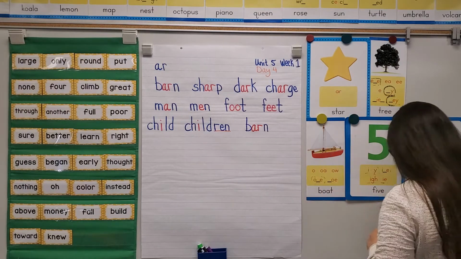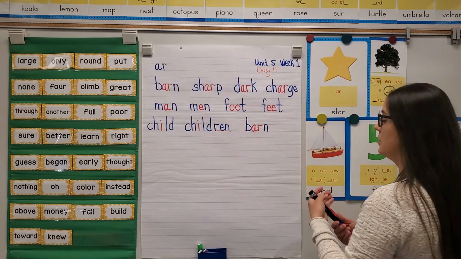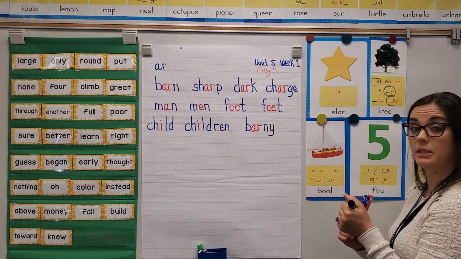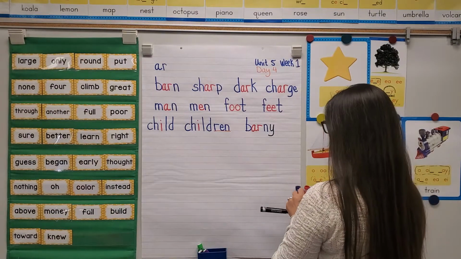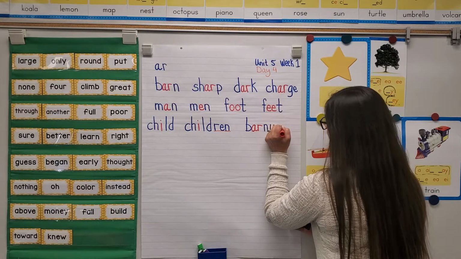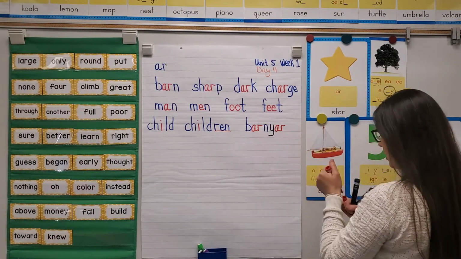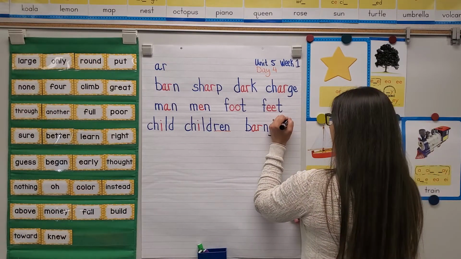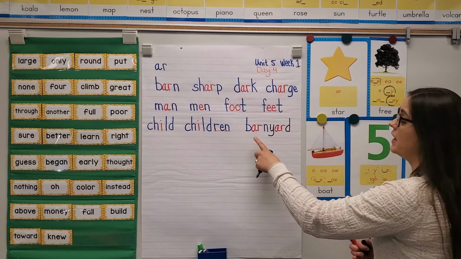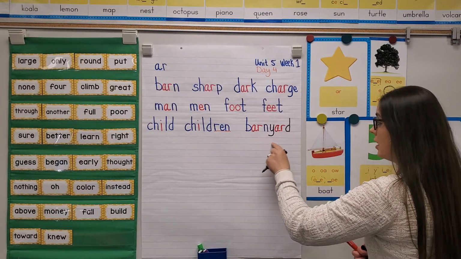And then the next part of the word was yard, barn, yard. Y says ya. And there's AR again, star, ya, R. D says da. You can blend the whole thing. R, ya, R, da. Barnyard.